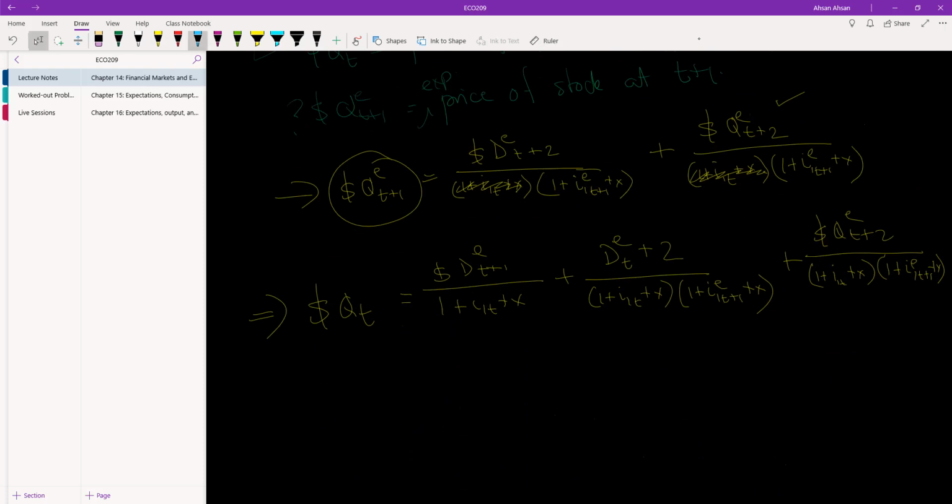Now we can go further, okay? If we wanted to, let's take this. This is the expected price of the stock in period t plus 2. What will this be equal to?